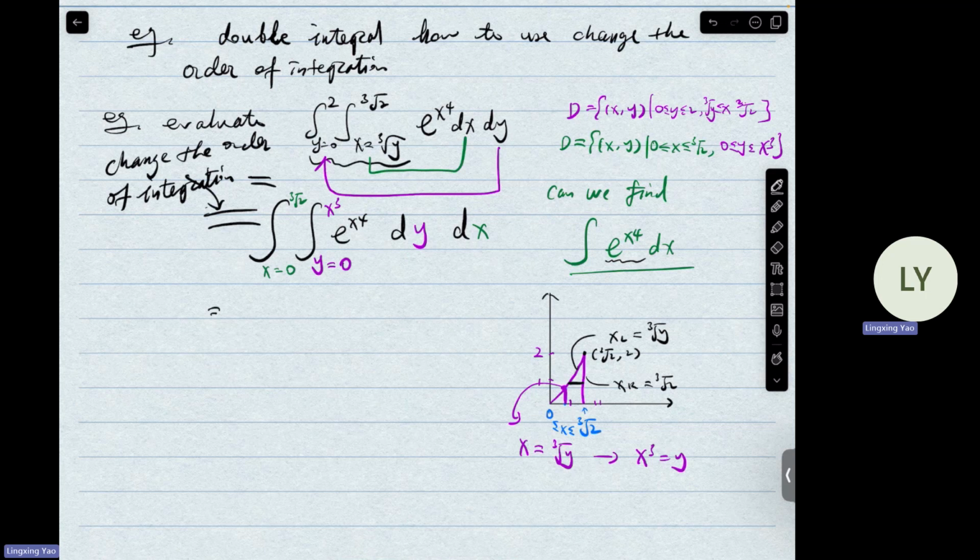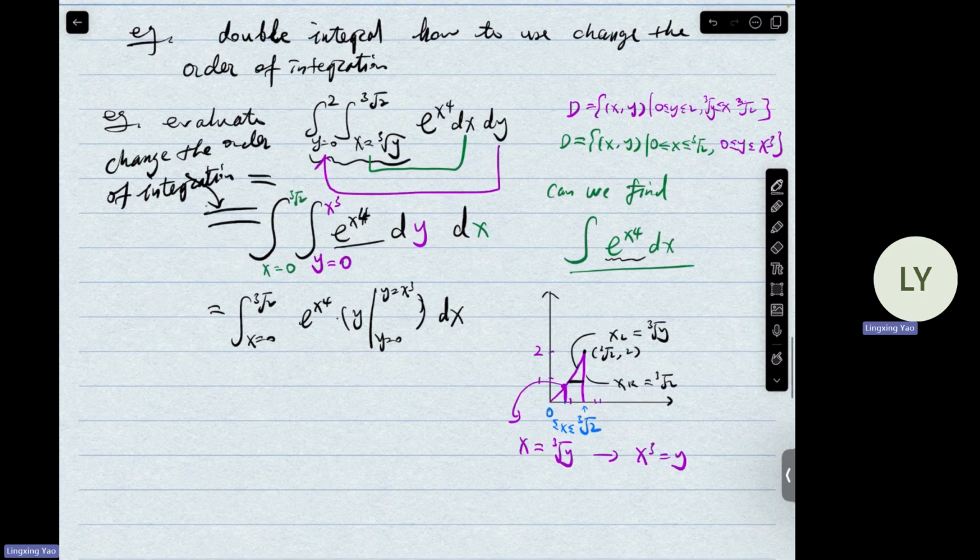Okay, so for this, obviously e to the x to the 4 is constant in terms of y. So we just need to pull it out, and the antiderivative will be just y. y will be evaluated at 0 and x cubed.